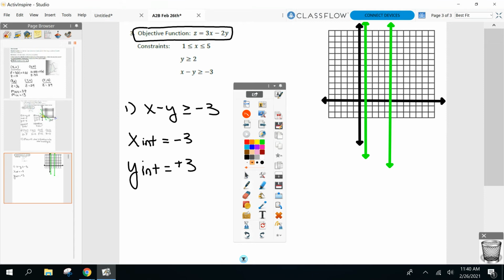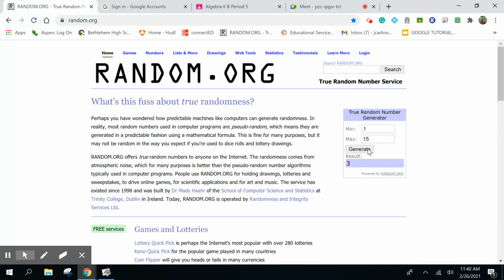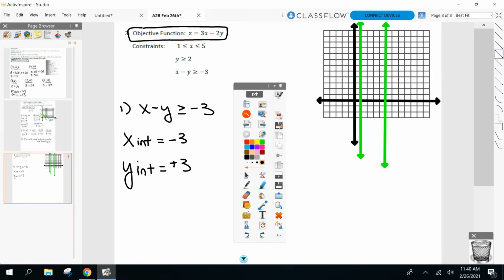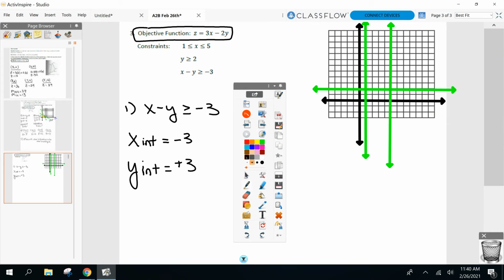Next up, y greater than or equal to 2. What type of line? Isaiah, what type of line? Horizontal. Yep, going through 2, everybody. Right there. And while I'm here, I'll label that one.